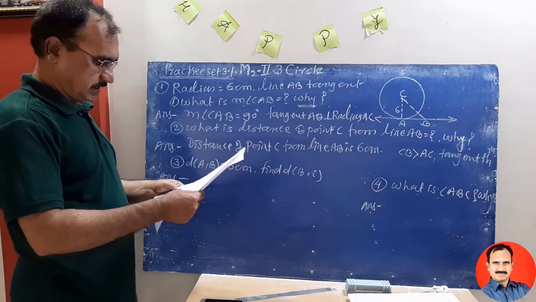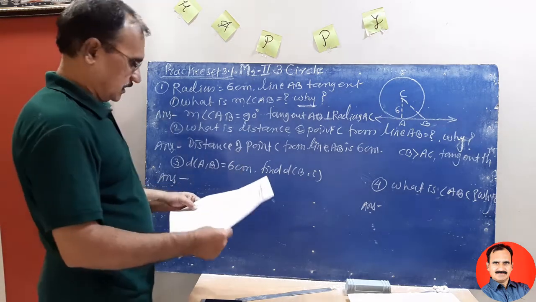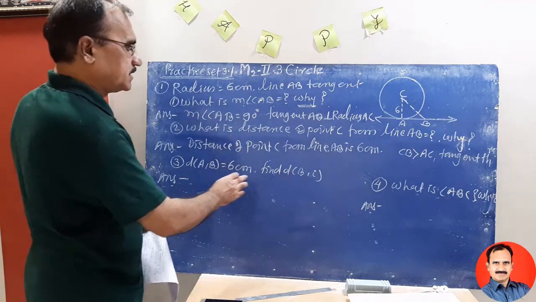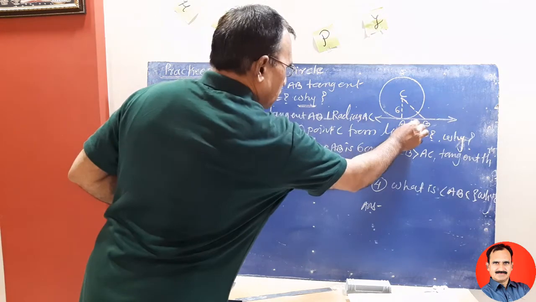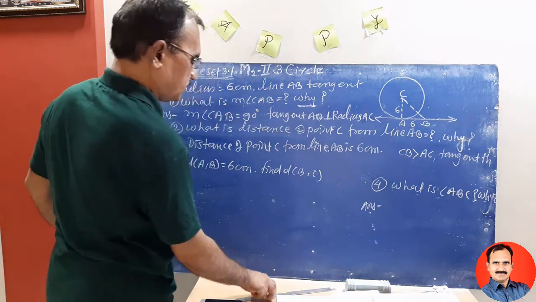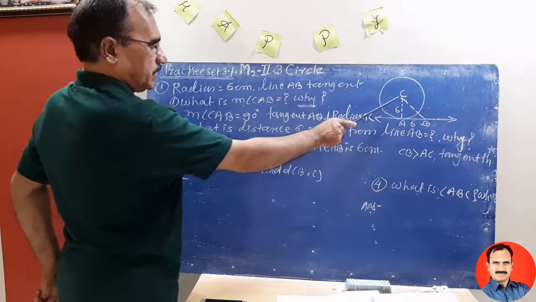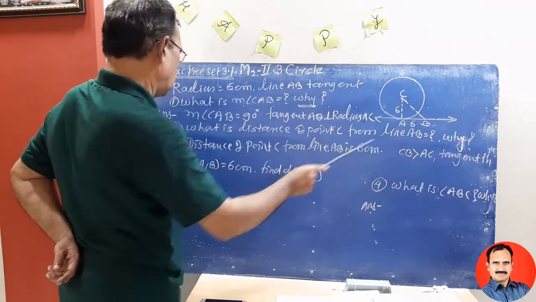Then our third question is, distance AB is 6, find distance BC. Here distance AB is also given. In our figure, we know AC is 6, this is radius, AB is 6, also given.